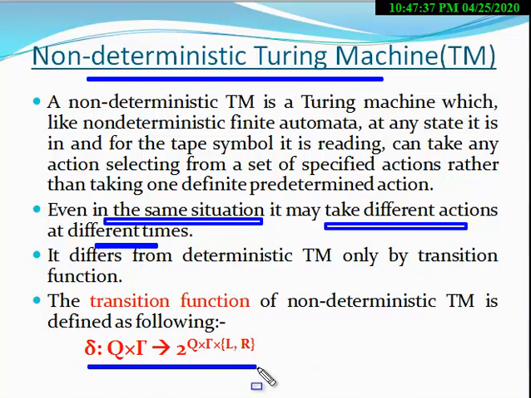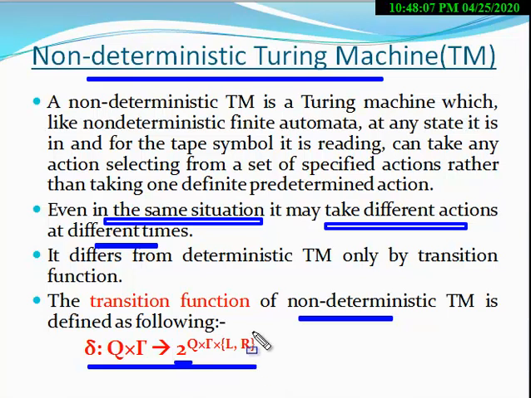If we consider the transition function of a deterministic Turing machine, in that case delta is such that Q cross Tau goes to Q cross Tau cross {L, R}. But in the case of a non-deterministic Turing machine, it will be 2 to the power Q cross Tau cross {L, R}.